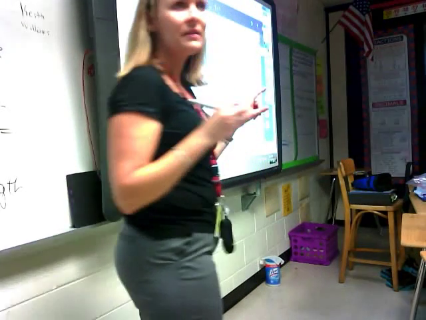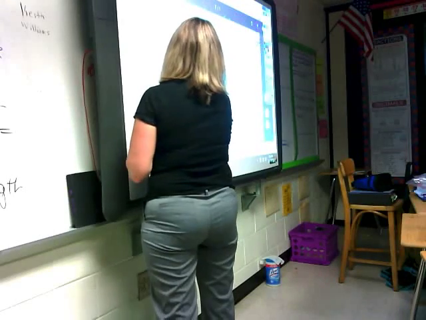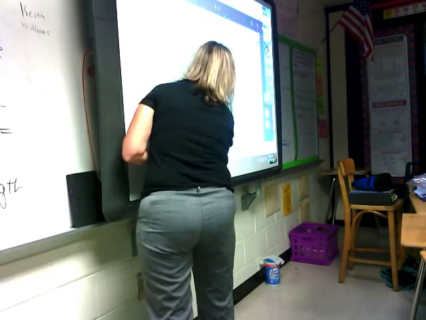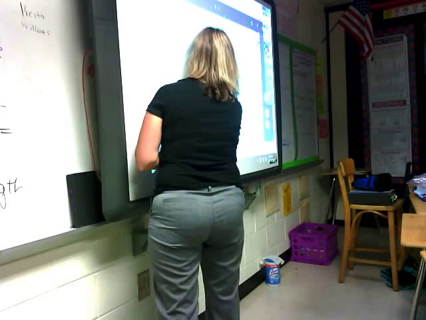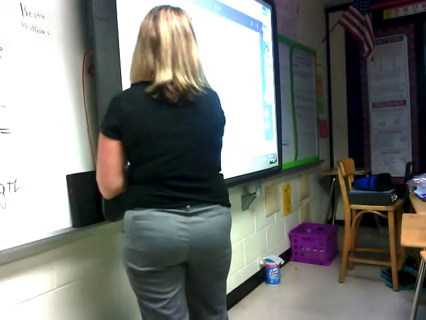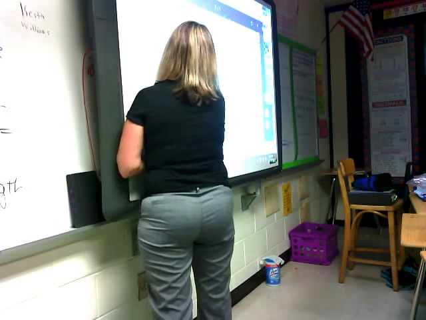What number did I use? 28. Okay, so I know that it's going to take up all this right here, right? This is the box that I'm making. So all of these squares are in here. So I have 25, 26, 27, and 28.